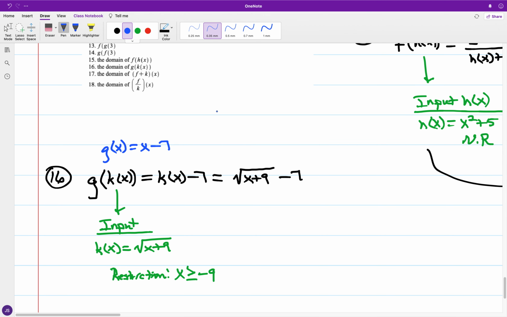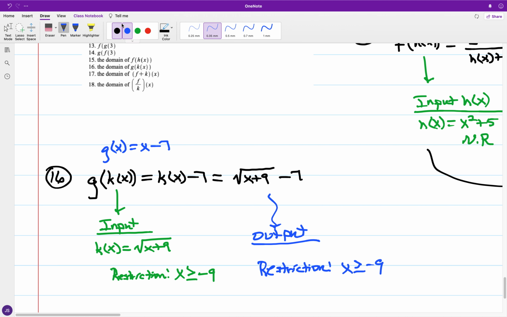And for the whole output, the only restriction is going to come from the square root of x plus 9. So that restriction is going to be the same: x is greater than or equal to negative 9.